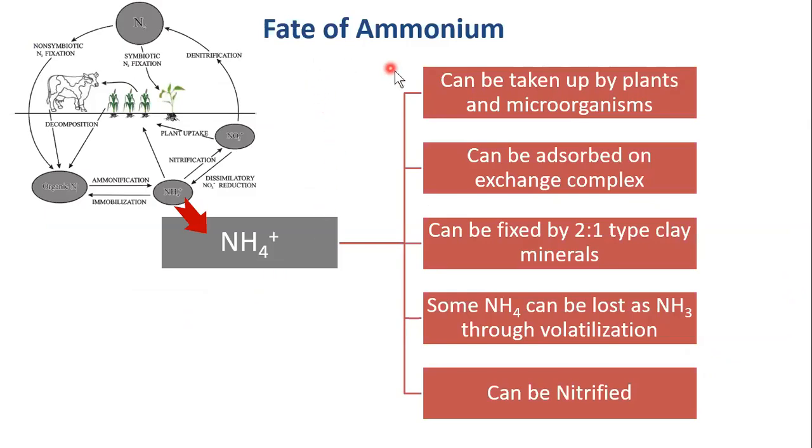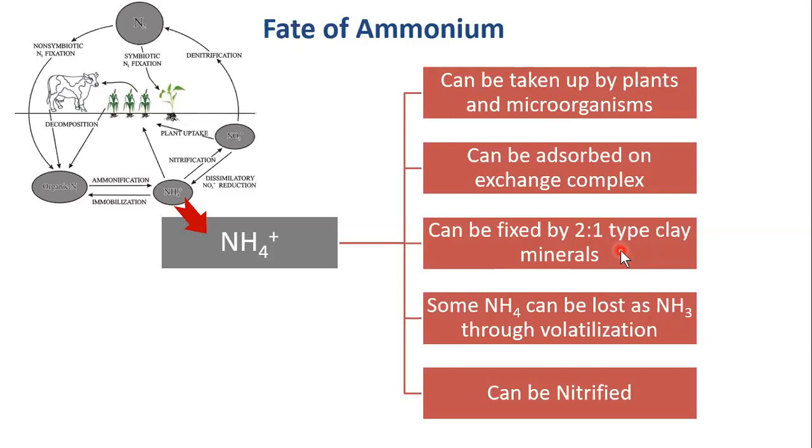So what is the fate of that ammonium which is produced here by ammonification, or you can say mineralization? It can be taken up by the plants and the microorganisms present in the soil. It can be absorbed on the exchange complex because it has a positive charge and the soil has a negative charge. It can be fixed by 2-to-1 type clay minerals, just like potassium.